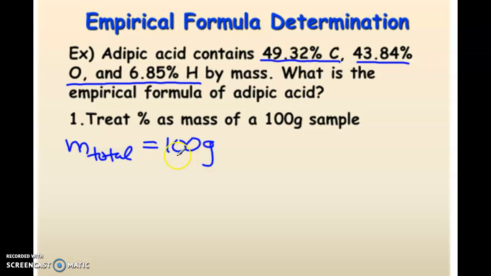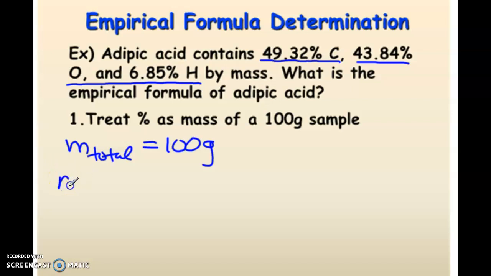By assuming we have 100 grams, we're essentially taking the percentage values and making them our mass value. Because remember, percent composition by mass never changes. It doesn't matter if you have 100 grams or 10,000 grams, it will always be 49.32% carbon.